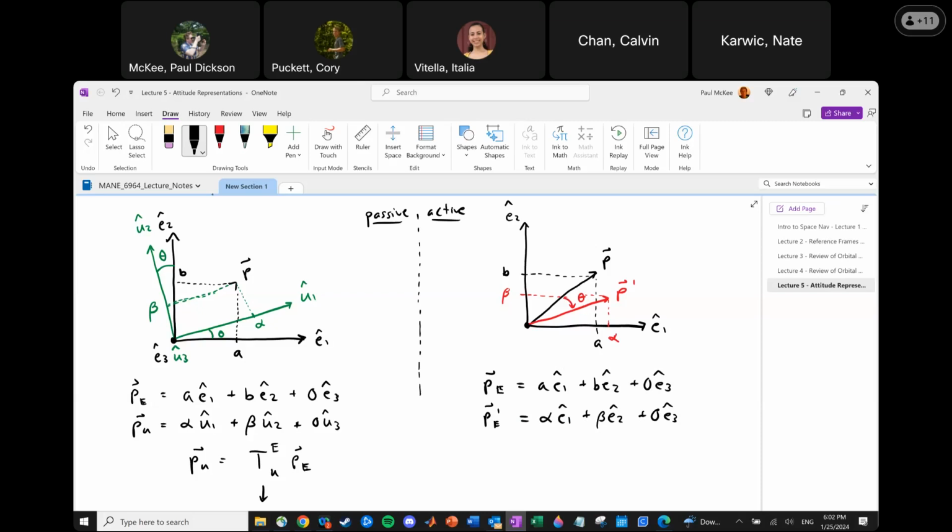And so the way we would write this is P E prime is rotation about E3, some amount negative theta, times PE. This is our notation here.